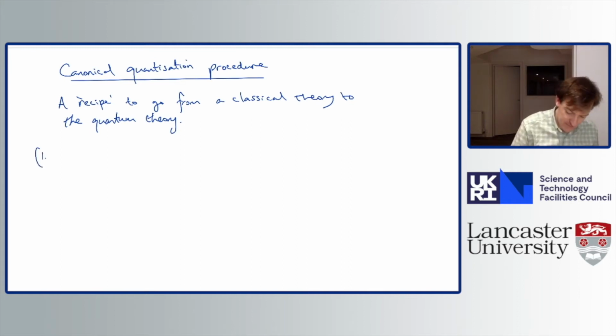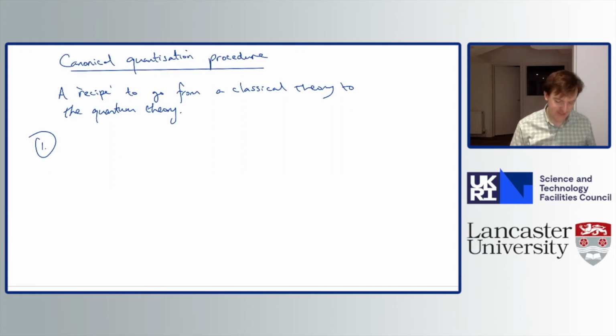So, a 5-step plan for quantizing a theory. Step 1 is we start by writing down what the theory is. The way we can write down what the theory is, is to write down a Lagrangian. This is to some extent where you have the most degrees of freedom whenever we're using this procedure, because the Lagrangian could be very general.